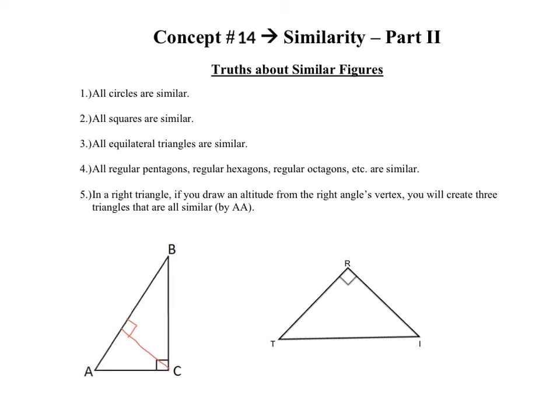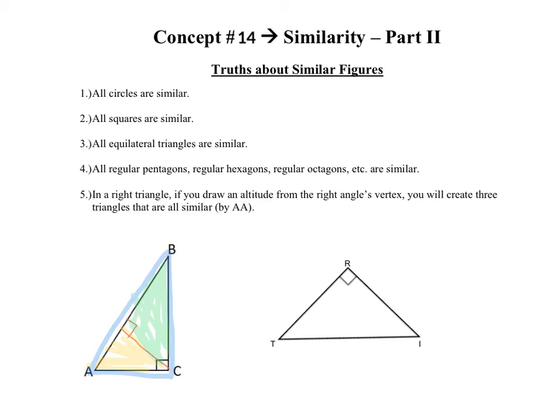We have this triangle here, and then there's also this triangle here, and then there's the original triangle that we started with, right, the ABC. So these three triangles are all similar, which is really neat to think about. All we did was draw in an altitude, and by drawing in that altitude, all three triangles are similar, and it happens because of AA.